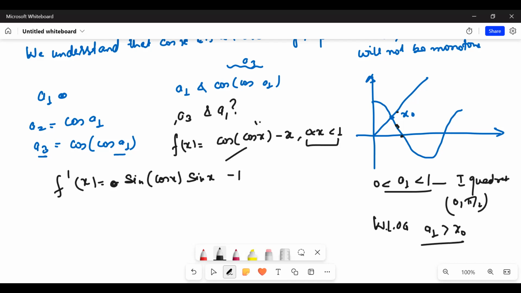So I have constructed a function in order to make some judgment between A3 and A1, or probably A5 and A3. Okay, so understand that f dash x is equal to sine cosine, sine. This lies between 0 and 1. This also lies between 0 and 1. Minus 1. So clearly f dash x is less than 0 for all x lying between 0 and 1. I can say that my f of x is a decreasing function.